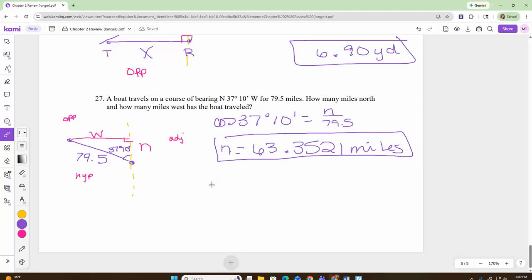I know my hypotenuse, so that would be sine 37 degrees 10 minutes equals W over 79.5. Multiply that over. You get 48.0288 miles.